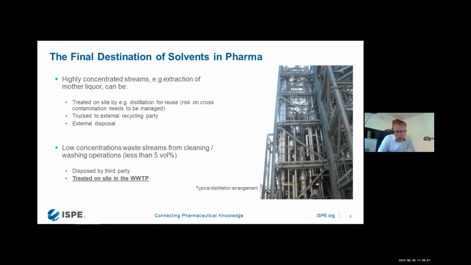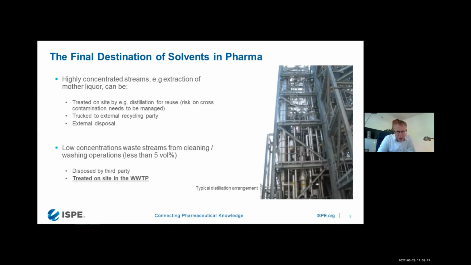Although this is a common practice, it does have some risk of cross-contamination that needs to be managed. If a large API site has these kinds of facilities, there is also a lot of administration and quality control attached to make sure that whatever solvent is reused is in proper condition. Another way of dealing with it is to truck it to an external recycling party.